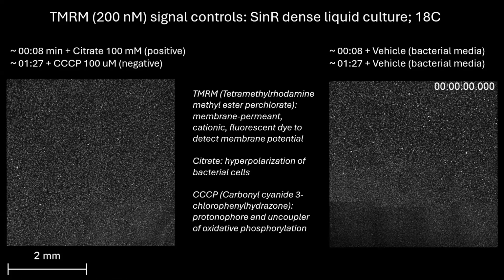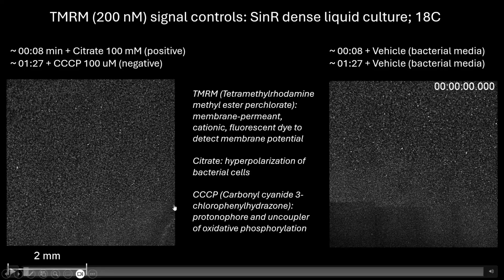As a negative control, which I didn't show last time when we met with Guru, we use CCCP, which is a protonophore and also an uncoupler of oxidative phosphorylation. So basically what we expect to see is that bacteria will fire up in response to citrate, and the signal will be gone in response to CCCP.